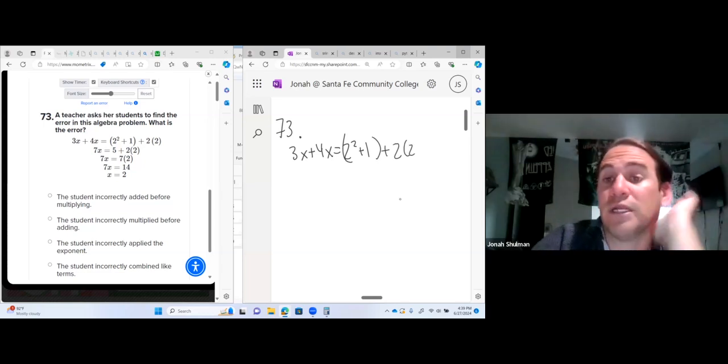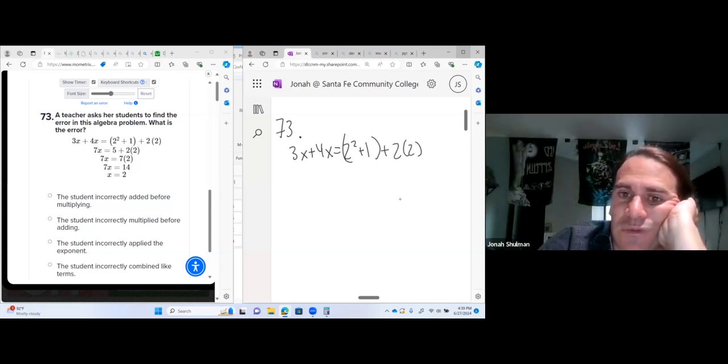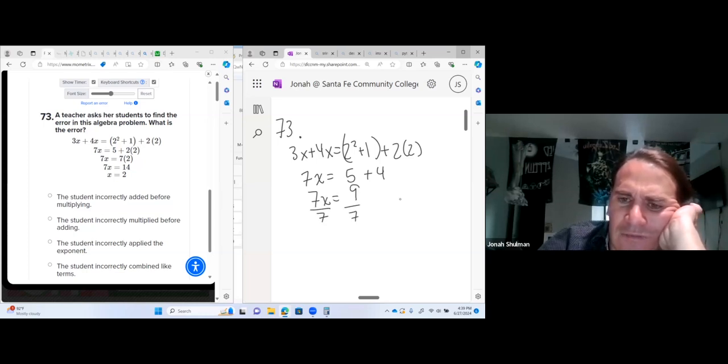We're just going to work it out and see where the mistake is. 3x plus 4x, that's 7 x's. 2 squared is 4, plus 1 is 5, plus 2 times 2, which is 4. So I have 7x, which equals 9. Divide by 7, divide by 7. And I have x equals 9/7.